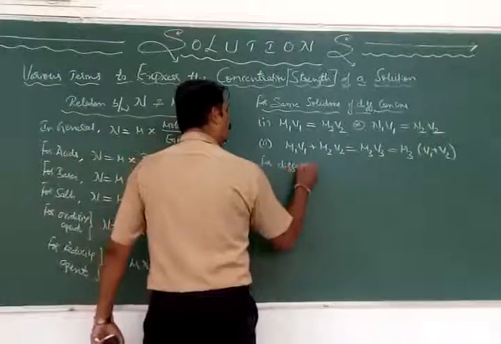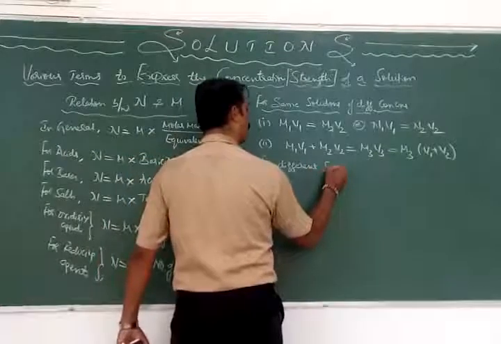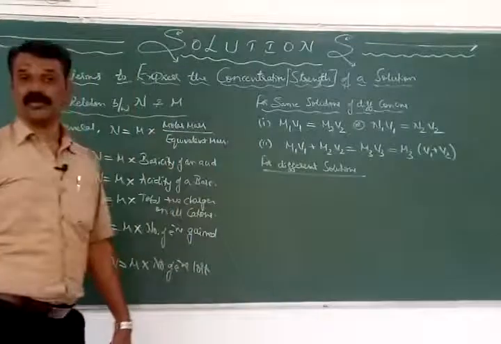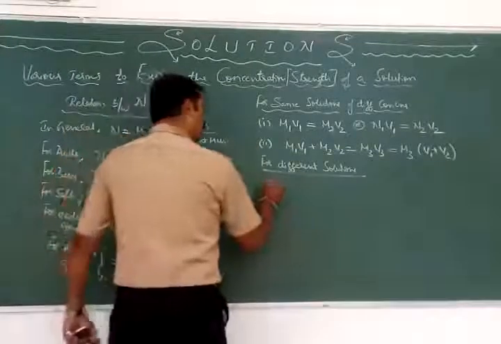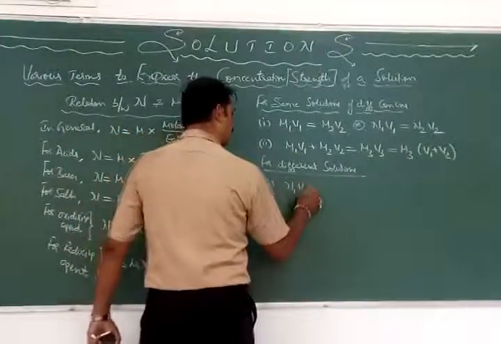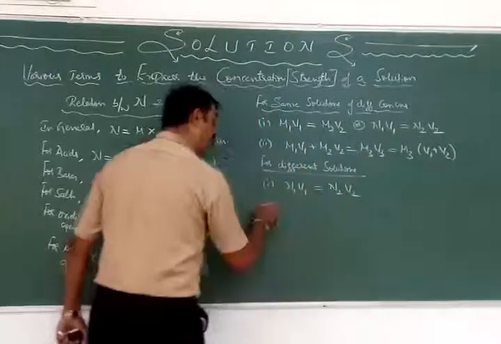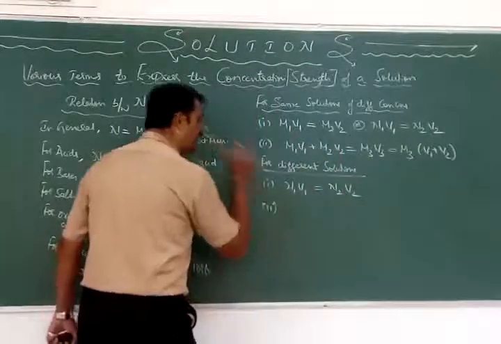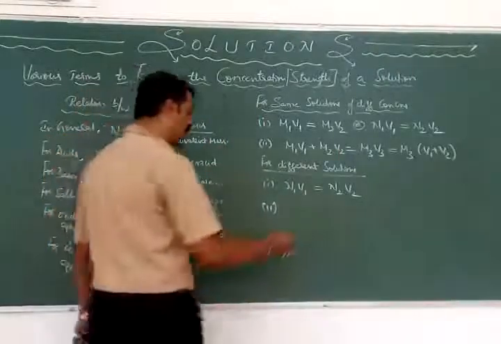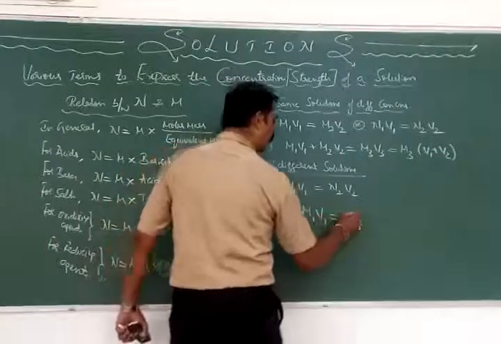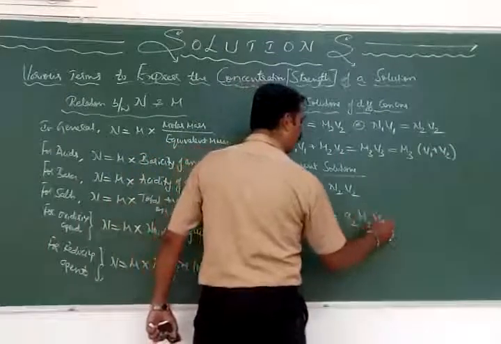Suppose for different solutions, in terms of normality it is very same: N1 V1 is equal to N2 into V2. That's the same case. But in case of molarity it is different, that is, A1 into M1 into V1 is equal to A2 into M2 into V2.